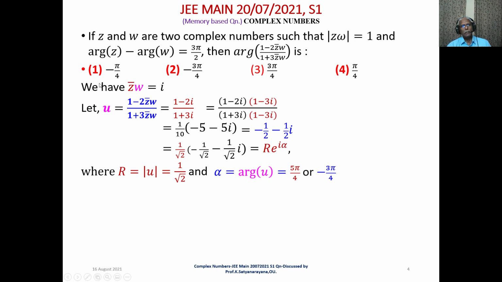Now, in the given answers, minus π/4, minus 3π/4, 3π/4, π/4, minus 3π/4 is there. Therefore, option 2 is the correct option.